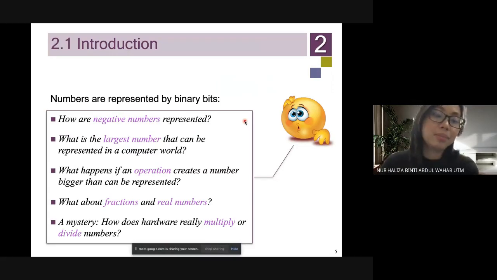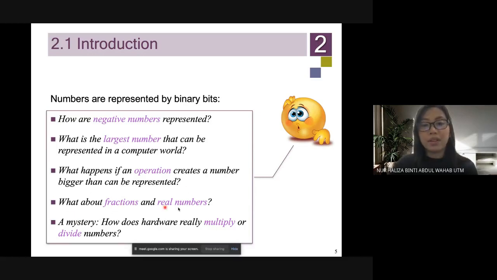Over here there are a few questions before you go through, because you need to know how negative numbers are represented. What is the largest number that can be represented in the computer? What happens if an operation creates a number bigger than can be represented?